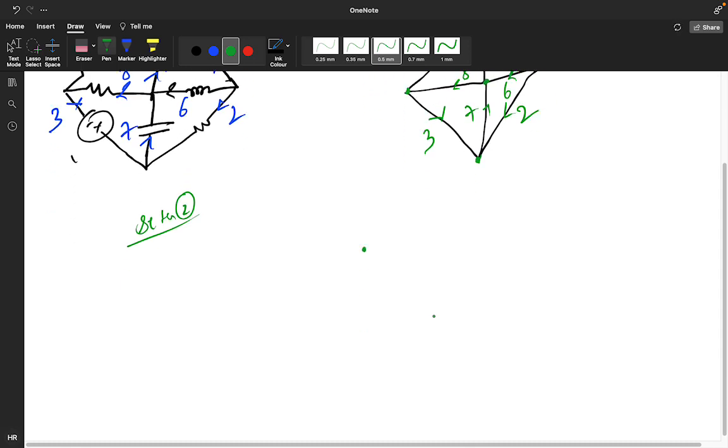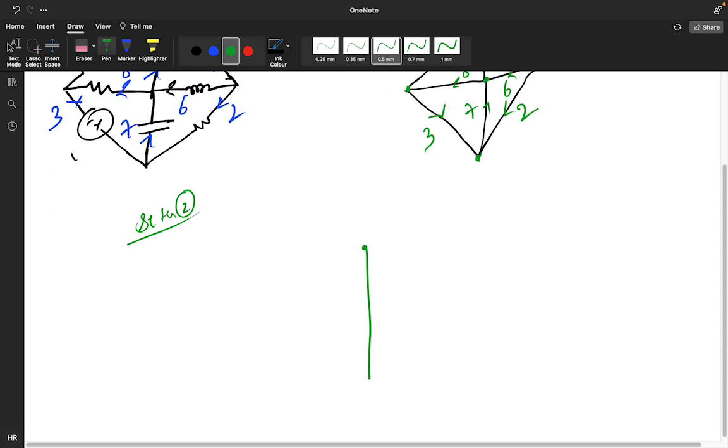If I am taking a tree, the tree could be like this, like this. So all the 4 nodes are connected. This is your tree branches. What are your links or co-tree? The dotted lines. This particular is your links.